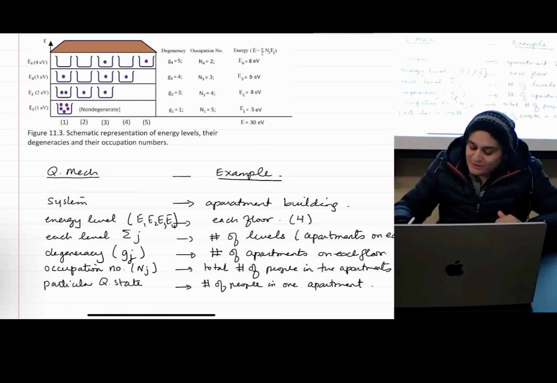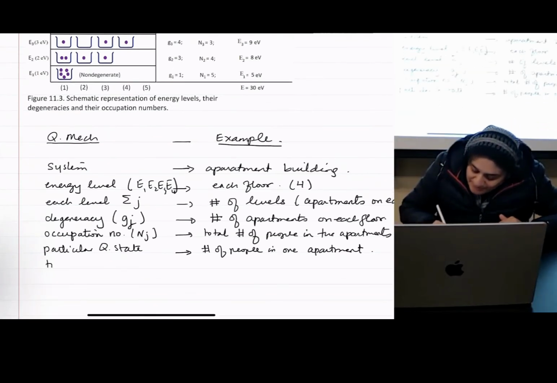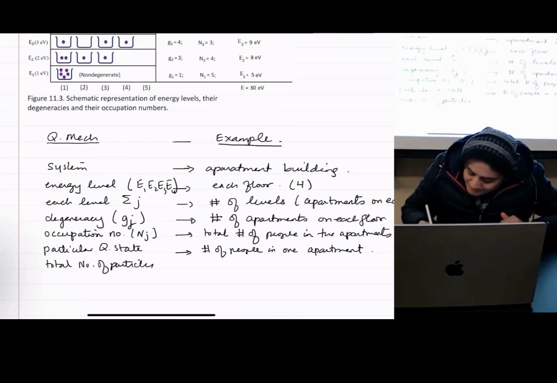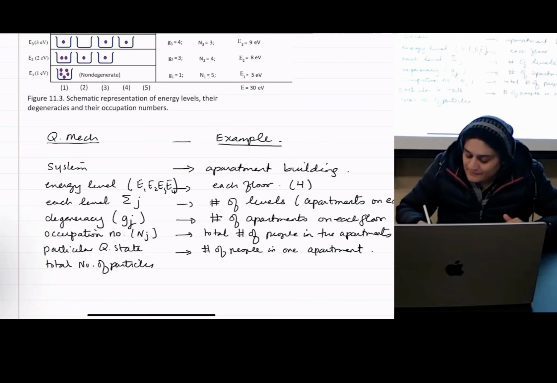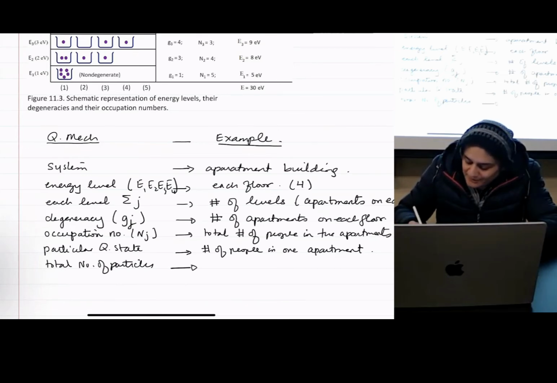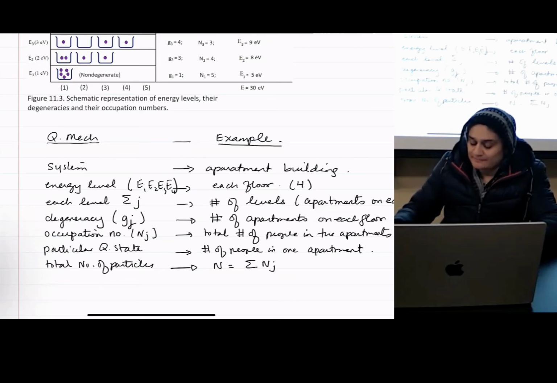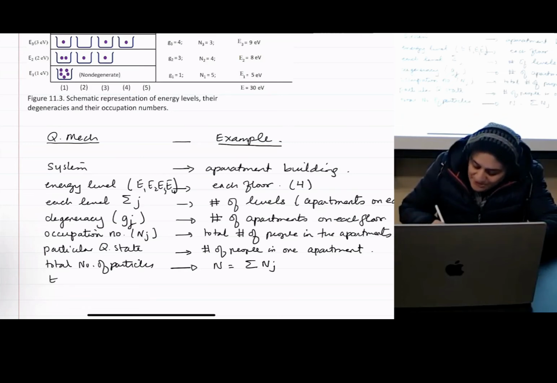Okay, now how do I find the total number of particles? In quantum mechanics, the total number of particles will be the sum over all N_j. And how do I find the energy in quantum mechanics?